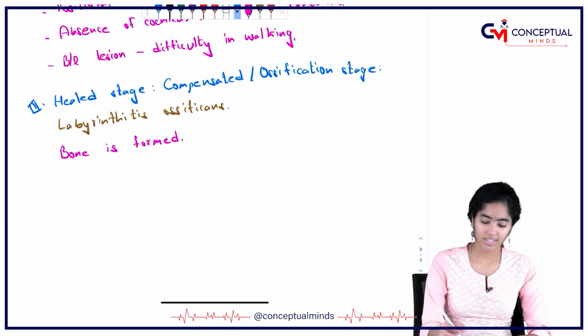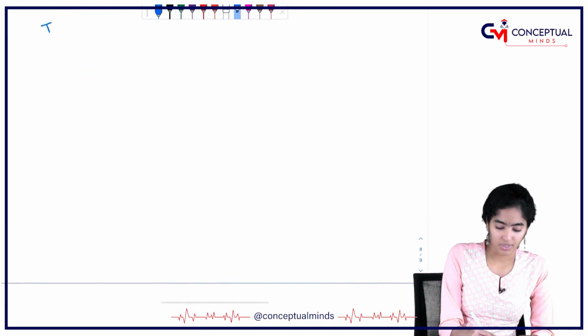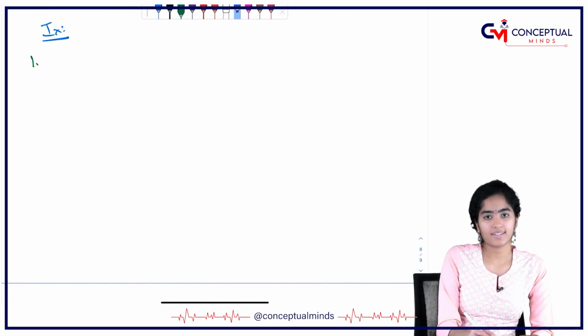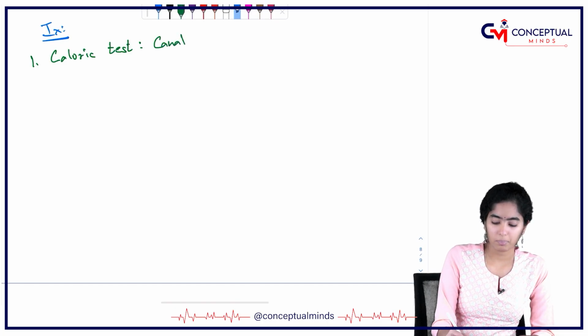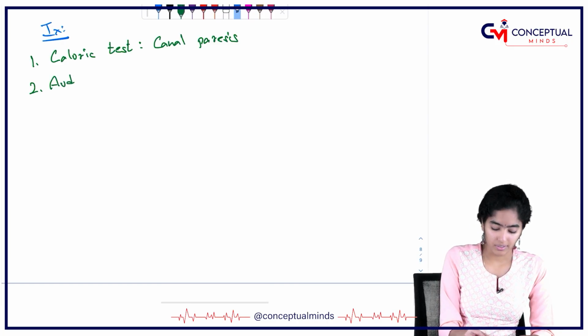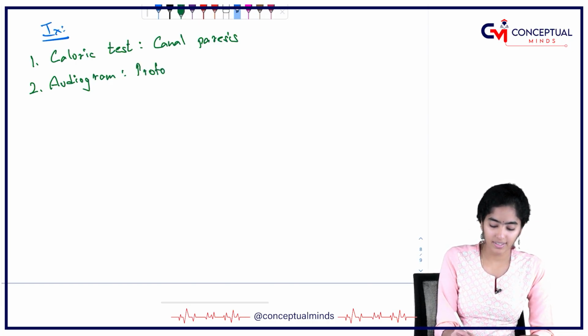Let us now look at the investigations. For this, caloric test is done and it shows canal paresis. Then audiogram when done. Because of the complete destruction of cochlea, there is profound sensorineural type of hearing loss.